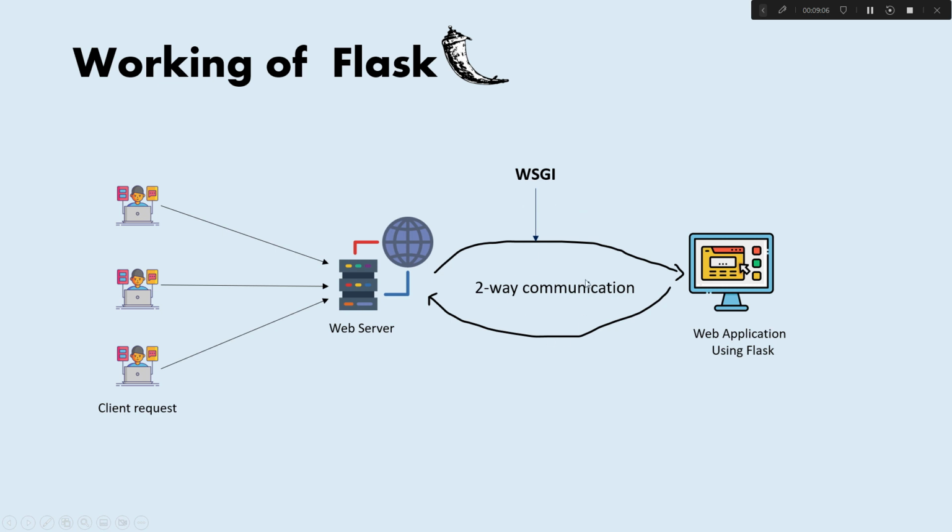It's a two-way communication between the Flask server and the web server. So this WSGI protects the Flask web application from being directly exposed to the internet. Basically, this web server is nothing but a server where you'll deploy your Flask app, and that server will directly communicate with your internal Flask server.